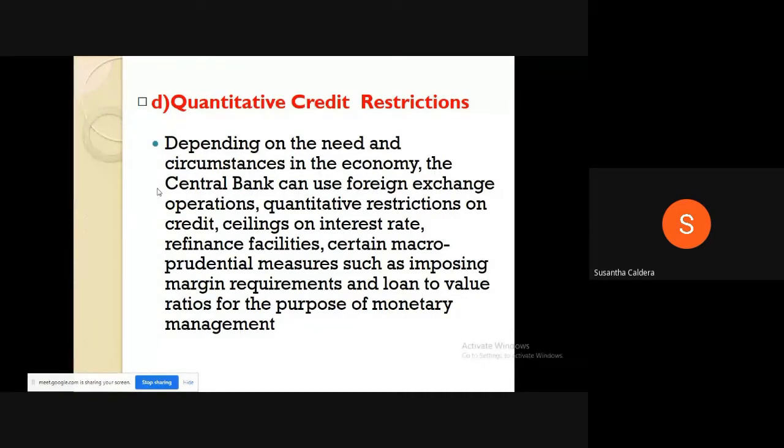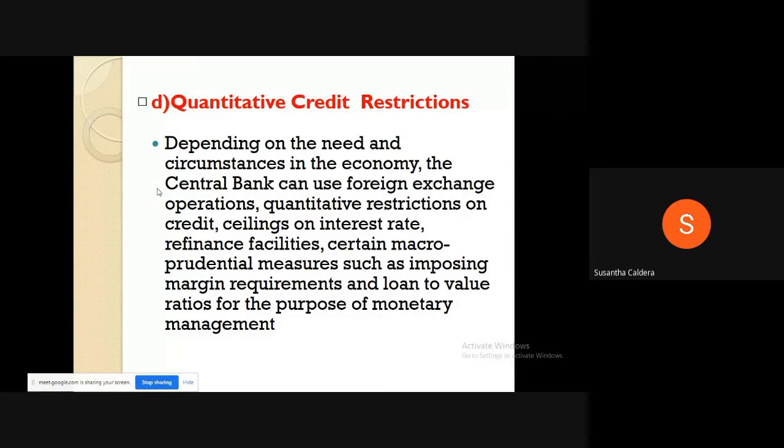Depending on the need and circumstances in the economy, the central bank can use foreign exchange operations, quantitative restrictions on credit, ceiling on interest rate, refinance facilities, certain macro-prudential measures such as imposing margin requirements and loan-to-value ratios for the purpose of monetary management.